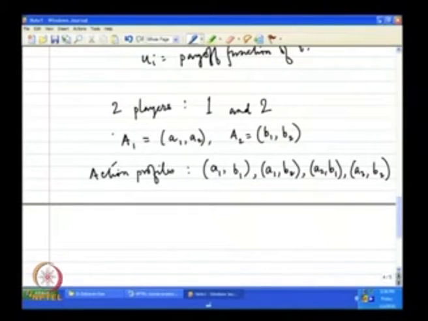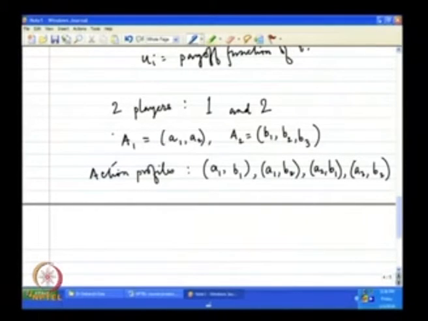If we had a third action for player 2 instead of just b1 and b2, then the number of action profiles would have gone up to 6, because the first position could be filled in 2 ways and the second position in 3 ways. 2 multiplied by 3 is equal to 6.